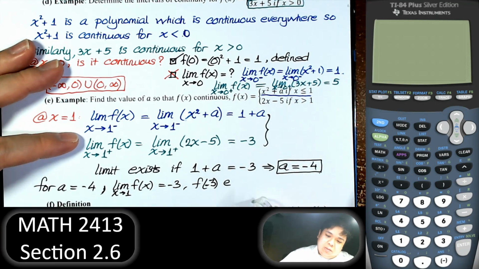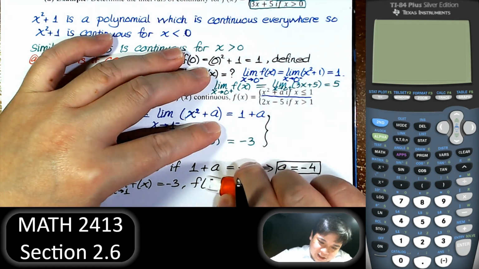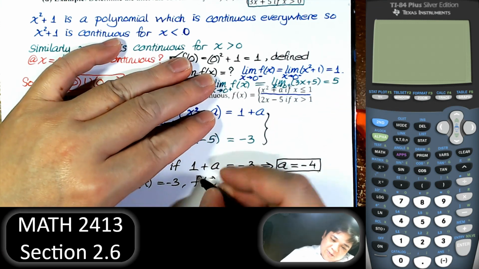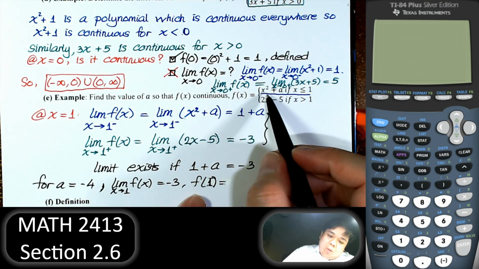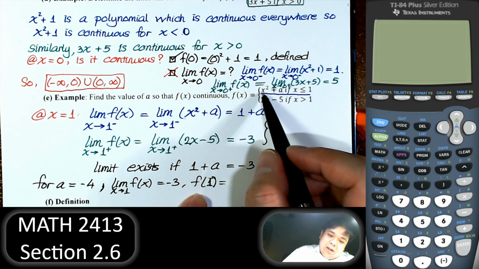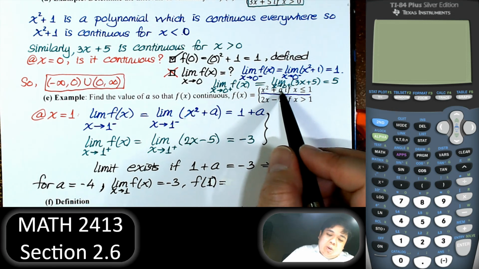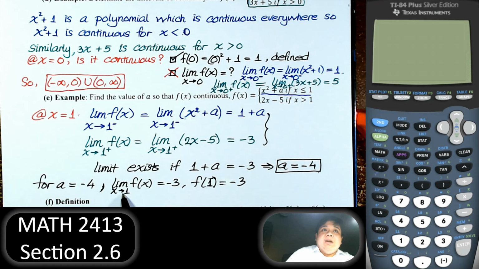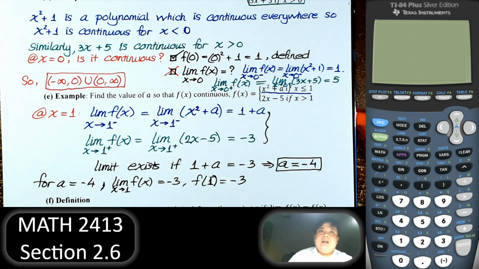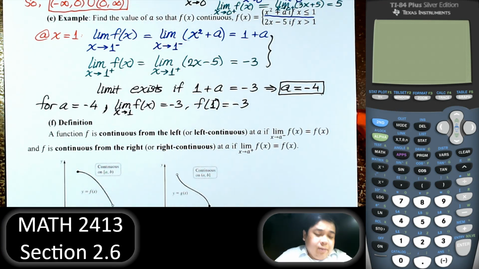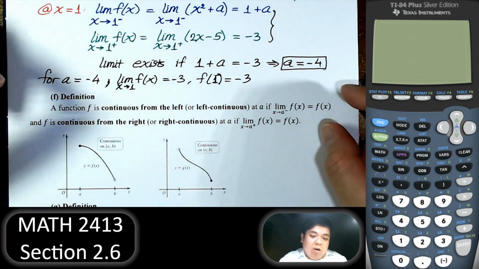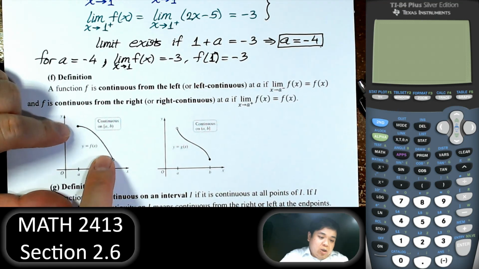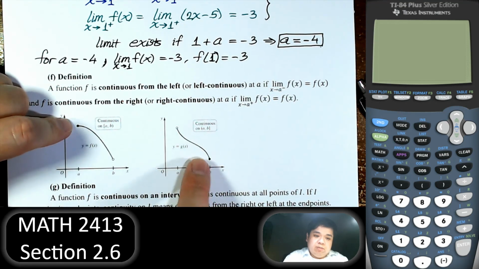When x is equal to 1, 1 plus a is minus 4, so it is equal to negative 3. So the limit and the function value equal each other, so it is continuous at a equal to negative 4. A function is continuous from the left and from the right, so this is the completion. So we might have continuity up to the point, or to the left, or on the right.